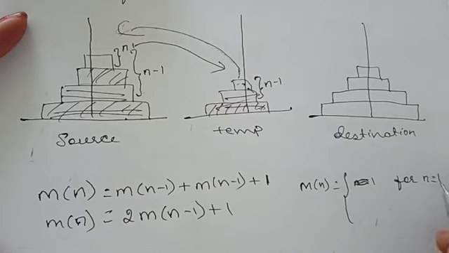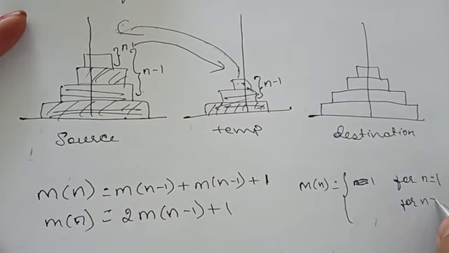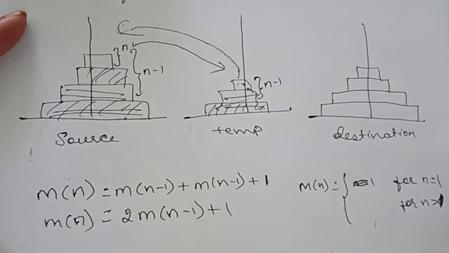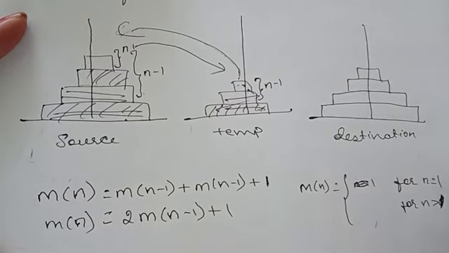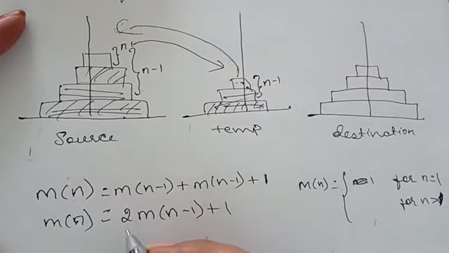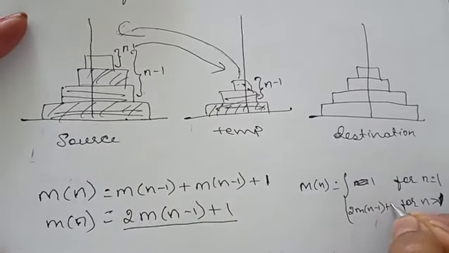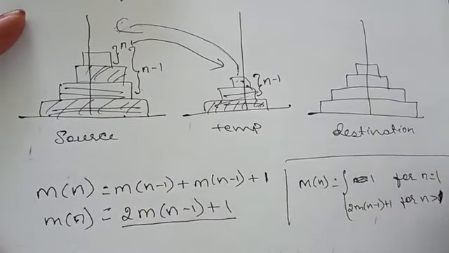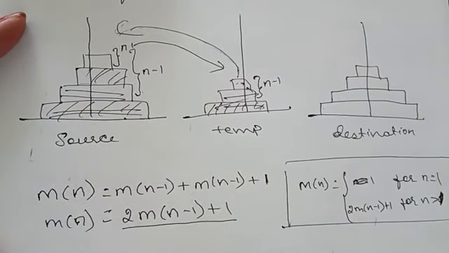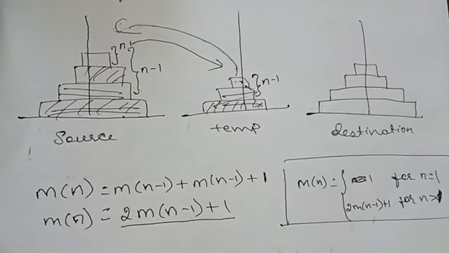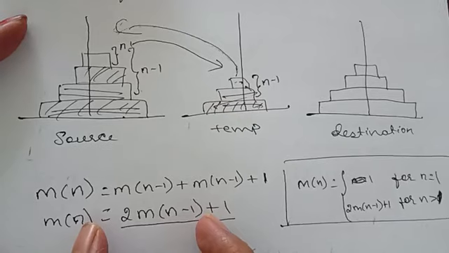So this is the initial condition. For n greater than 1, if it is 2 disks, 3 disks or 4 disks, then the general formula is this one: 2M of n-1 plus 1. This is the general plan for Tower of Hanoi. Next we'll move on to the mathematical analysis. This is how we take the general plan.